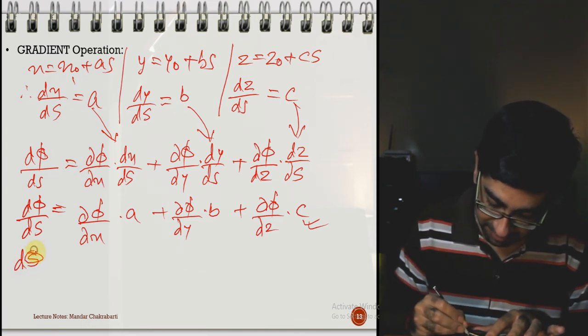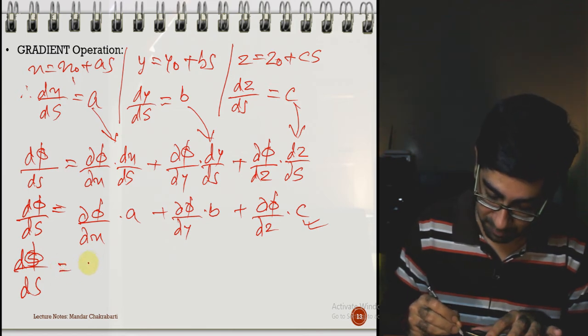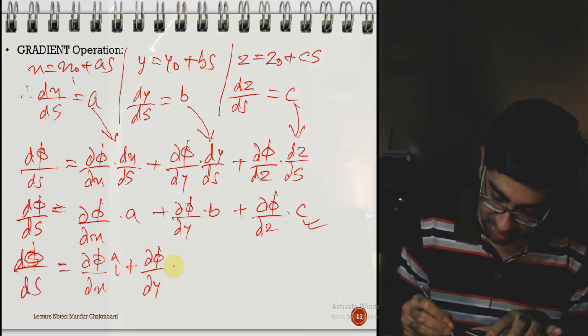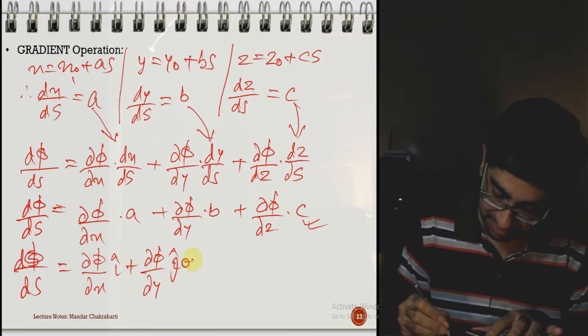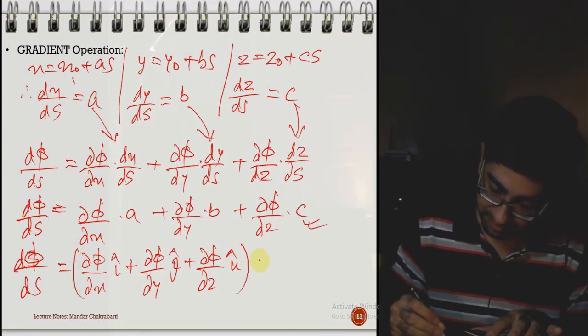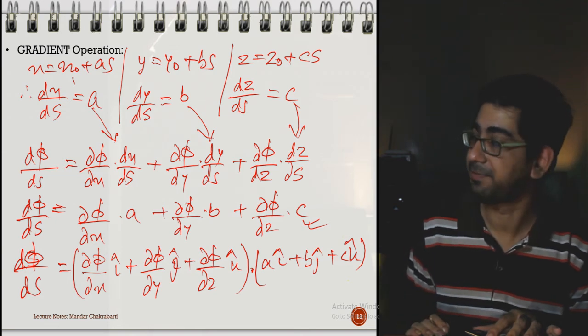So, dφ/ds is equal to (∂φ/∂x i + ∂φ/∂y j + ∂φ/∂z k) dotted with the dot product of (a i + b j + c k).